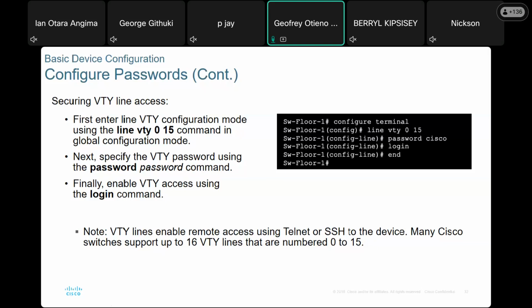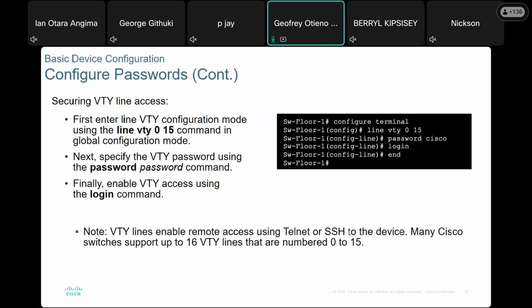So line VTY 0 to 15 means up to 16 users are allowed to access a device remotely. You are in Nairobi, you want to access a device located in Mombasa or in any part of the country, then yes, you'll be able to do so, as long as you have the password for that device.